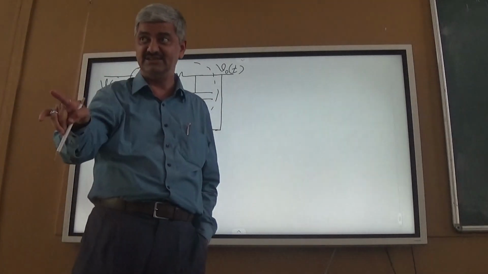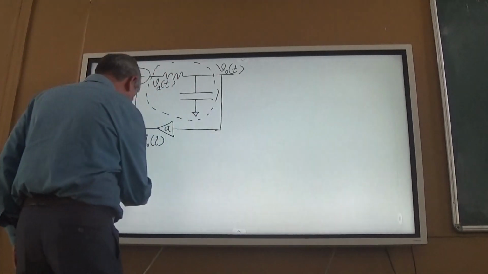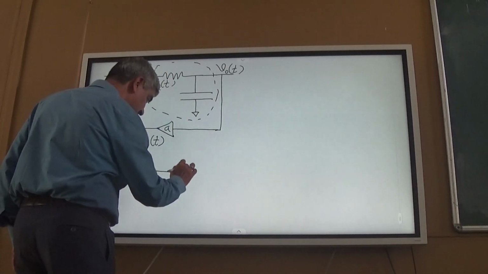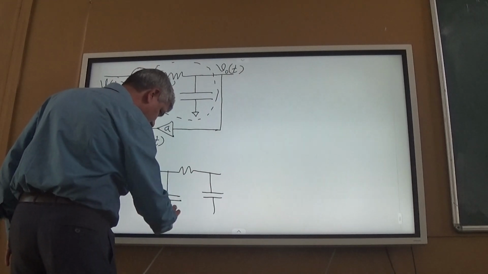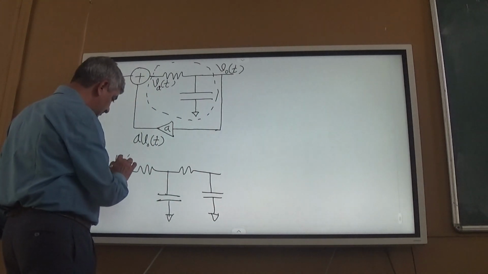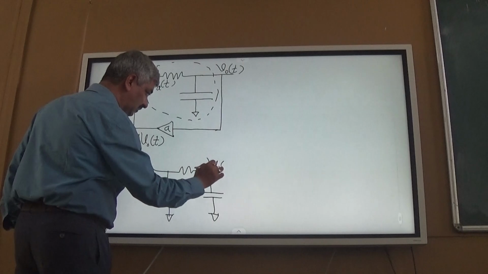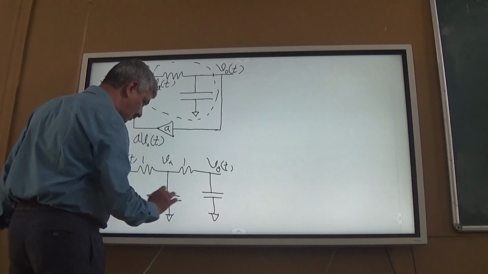Whereas if we have a circuit like this, then this is VNT, this is VOT, this is VAT, this is 1, 1, 1, 1.